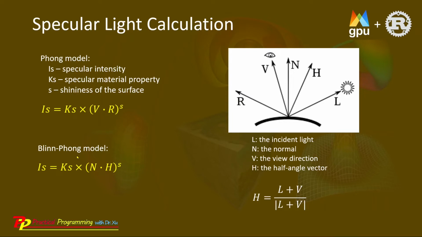So the Blinn-Phong model uses a different set of vectors to have this term, N dot H. You can see here the angle between N and H is always less than 90 degrees. In this video, we will use the Blinn-Phong model to calculate the light.